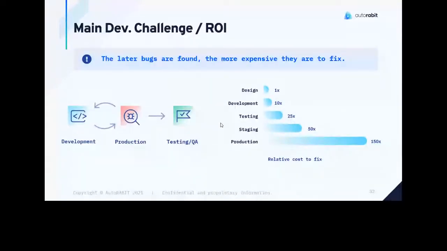The main development challenge or ROI where Code Scan comes into the picture is across the lifecycle from development to production to testing. When we review code manually, without adopting any kind of platform like Code Scan, you don't realize it, but over time the number of bugs or problems arises, or you find them later on.